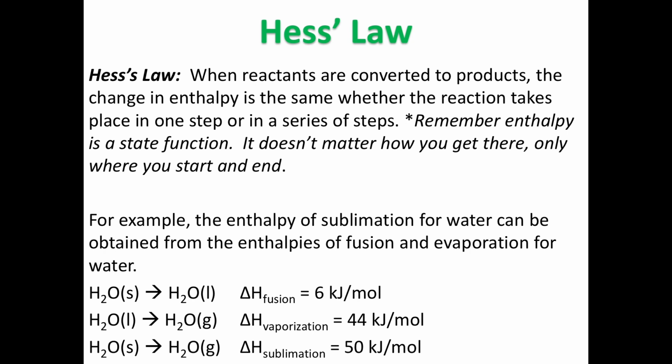For example, the enthalpy of sublimation of water can be obtained from the enthalpies of fusion and vaporization for water. Water going from solid to liquid has an enthalpy of fusion of 6 kilojoules per mole. Water going from liquid to gas has an enthalpy of vaporization of 44 kilojoules per mole.